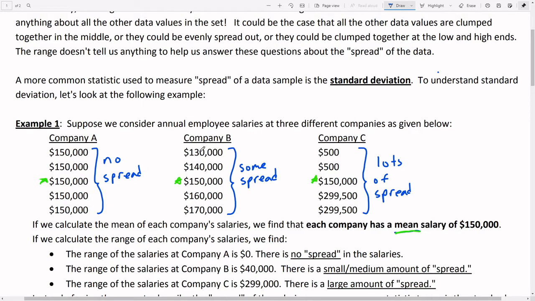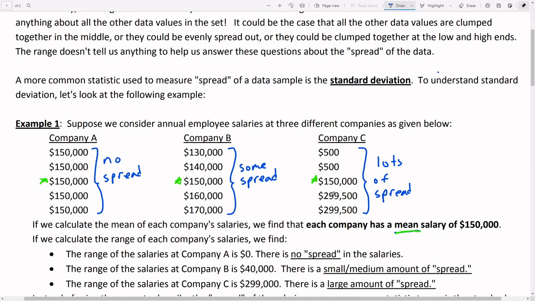Here, well, we're 20,000 away. 10,000. This is the mean. 10,000, 20,000. Okay, so you see those numbers. They're not too big, but there's some difference. And then this one, 149,000, sorry. 149,000 plus 149,000.